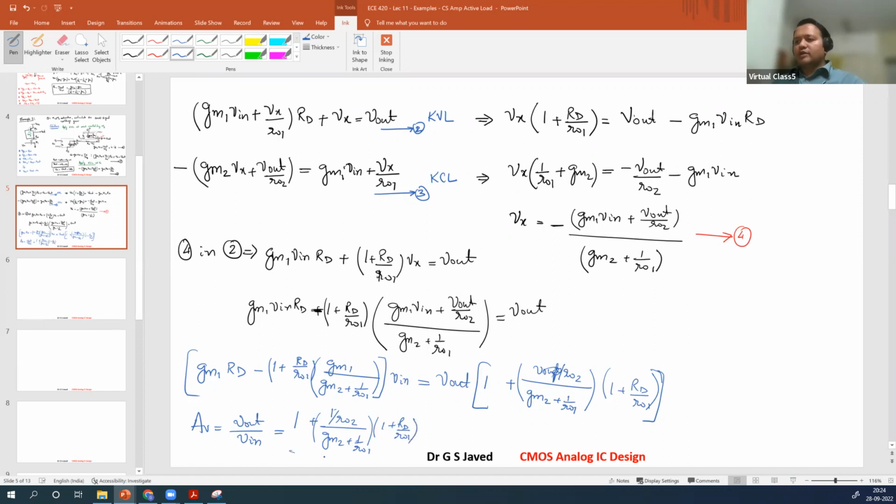This whole value divided by this entire value will give you your AV. Now, if you really want to find out the exact substitution, you can do it as your next task.